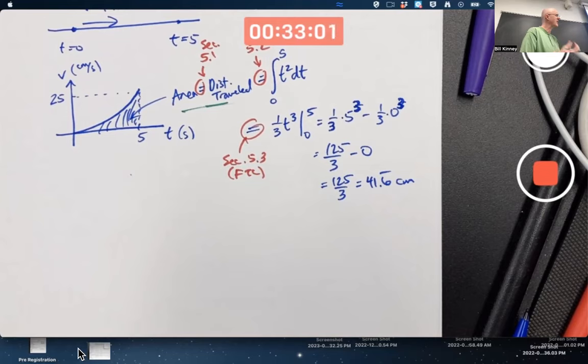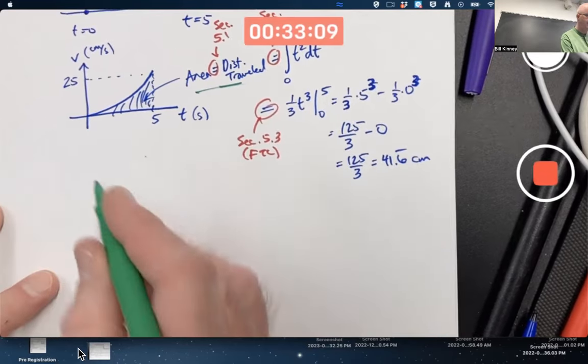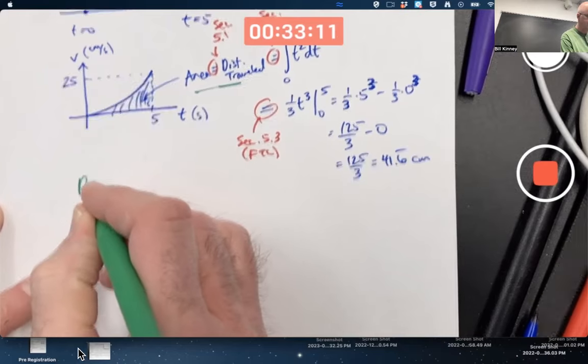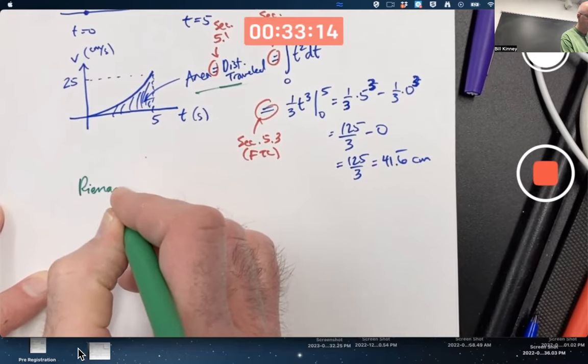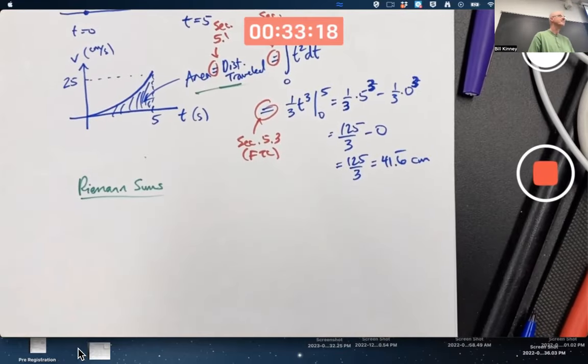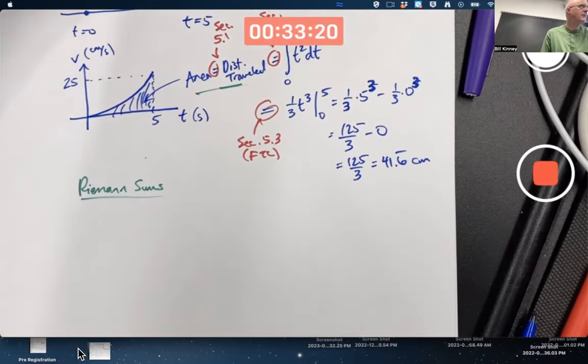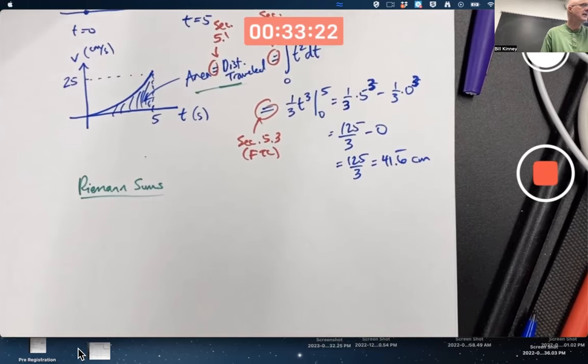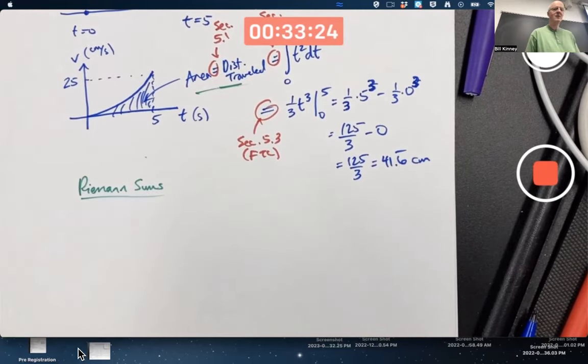But people have a little hard time getting used to this. What I'm about to set up are what are called the Riemann sums. Riemann sums. Don't say Riemann, that would really hurt my ears. Riemann was German. When you have an IE in German, it's an E sound. Riemann sums.